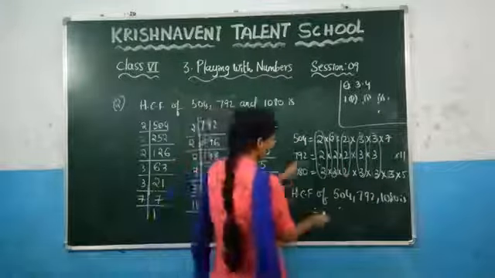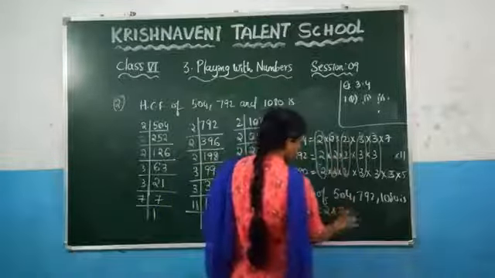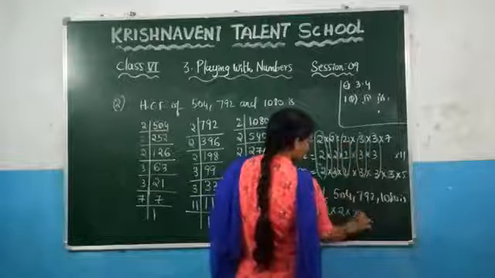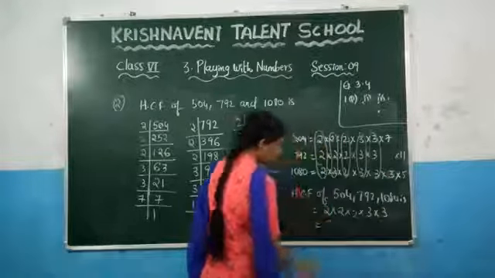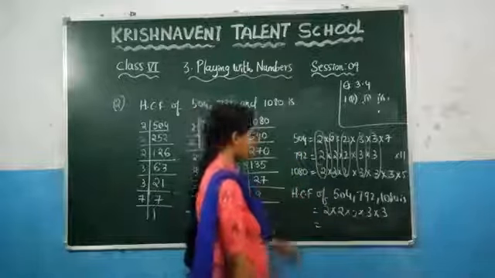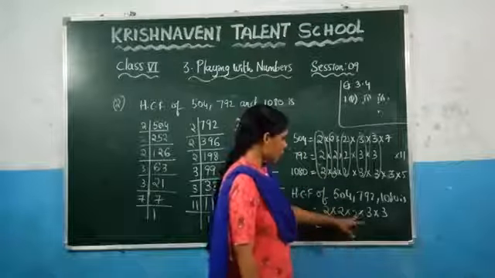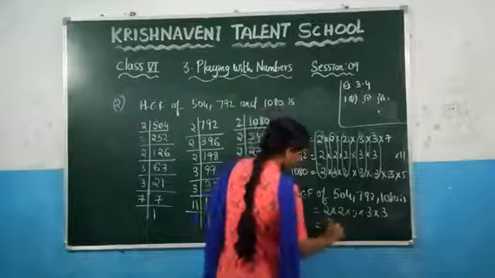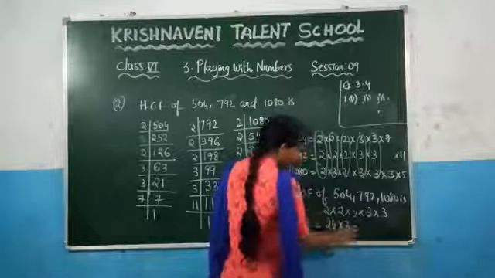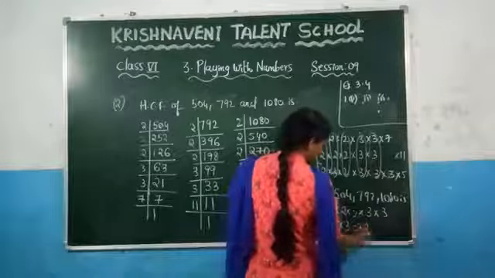So here HCF is, so write 2 one time and here also 2 and here 2 and here 3 and here 3. So just take the multiplication of these values. What will you get here? 2 2s are 4, 4 2s are 8 and after that 8 3s are 24 into 3. So what will you get here? 4 3s are 12, 2 1, 3 2s are 6 plus 1 which is 72.